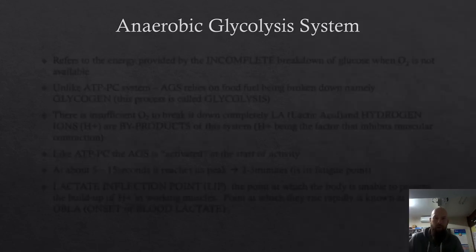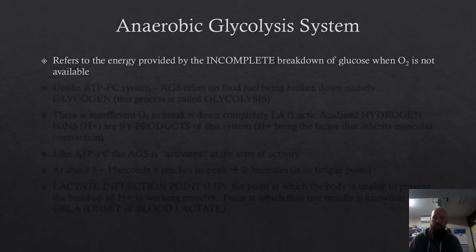The anaerobic glycolysis system is a little bit more complicated. ATP is pretty simple. That circle that we looked at before was the entire process. Whereas the anaerobic glycolysis system, or lactic acid system, releases energy, but there's not a complete breakdown of the glucose because the oxygen isn't present to do it.